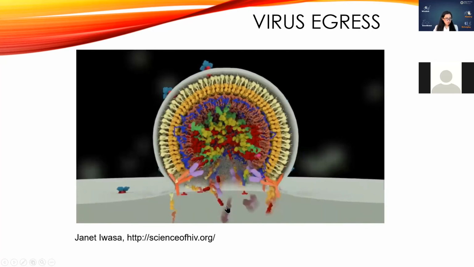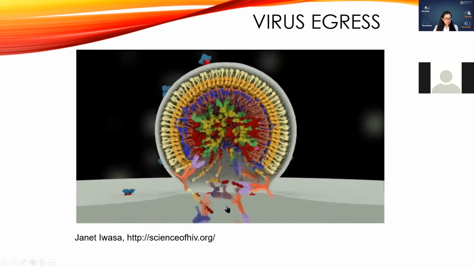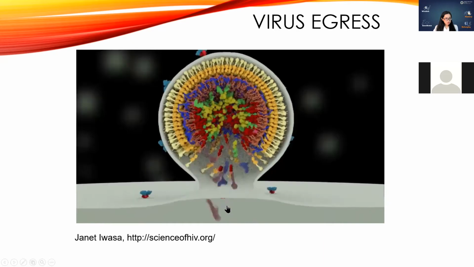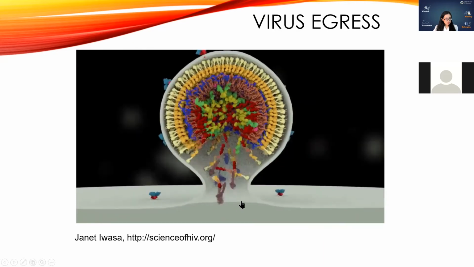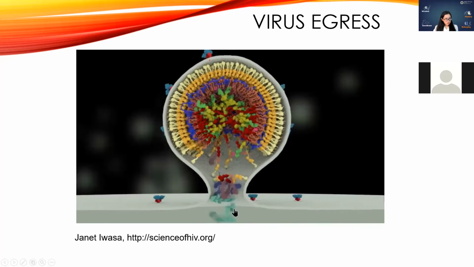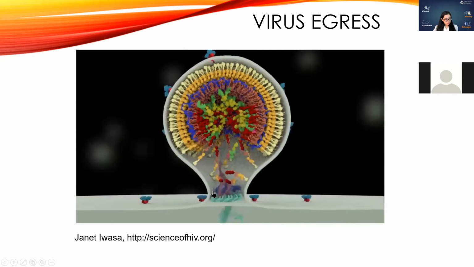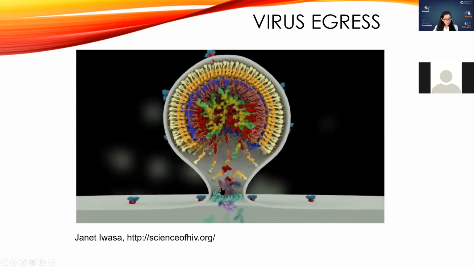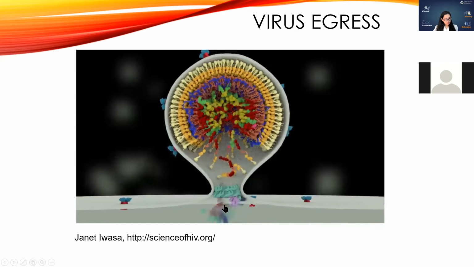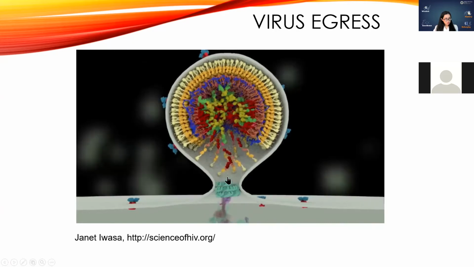So when we look for target proteins in order to design drugs, something like this is also important, such as these cyan molecules that allow the newly generated HIV to exit from the previous cells. So it will go like that.